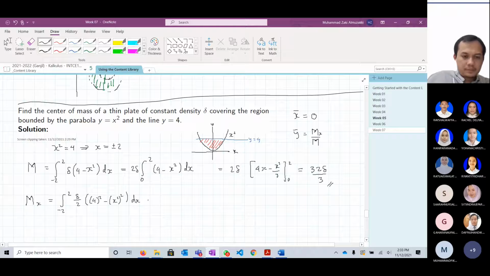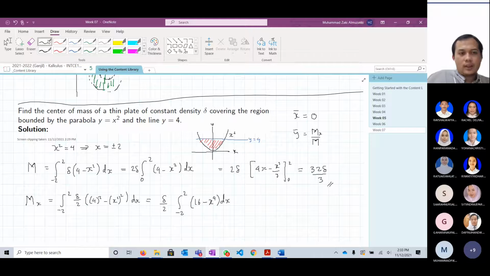This is actually equal to delta over 2 times the integral from minus 2 to 2 of 16 minus x to the power 4 dx, and you can check later by yourself that this is an even function.